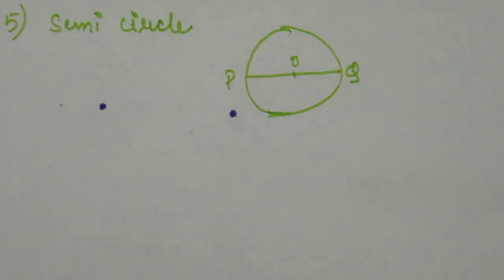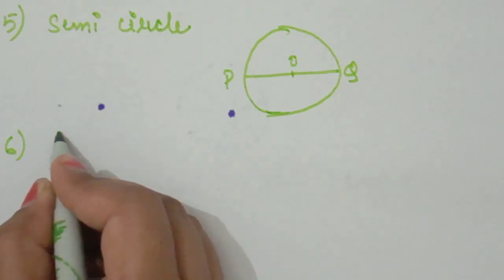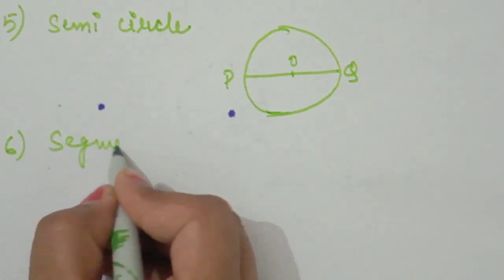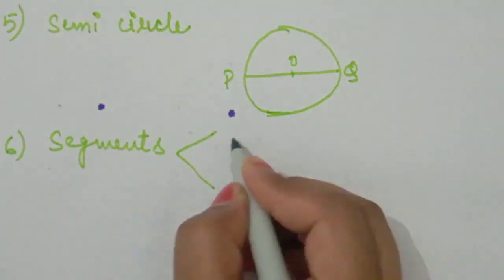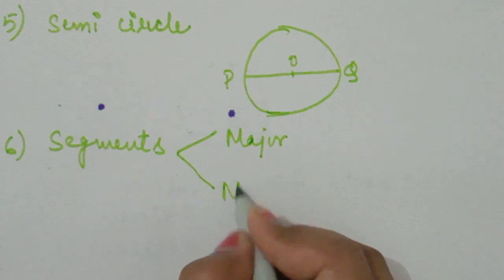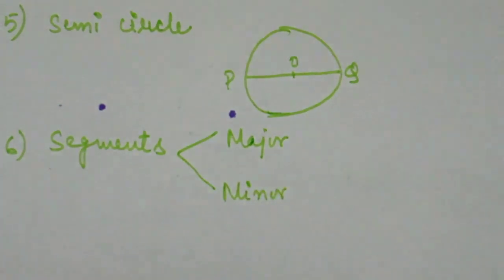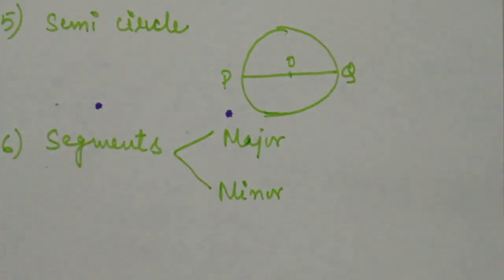Now the next definition, definition number 6, is segment. And we have two parts of a segment, major segment and minor segment. So students, what is the definition of a segment?